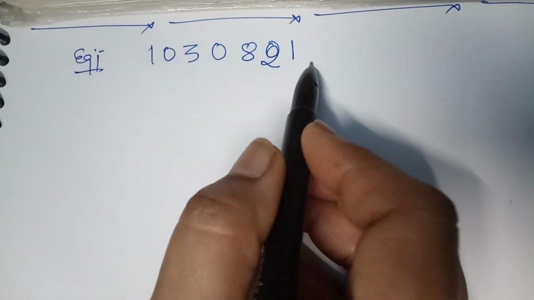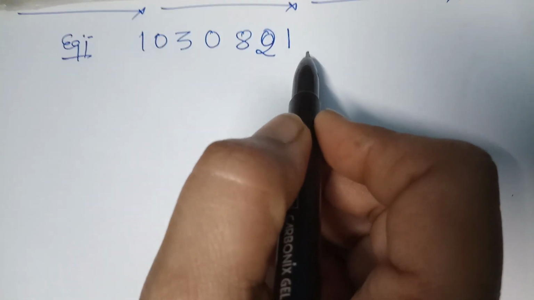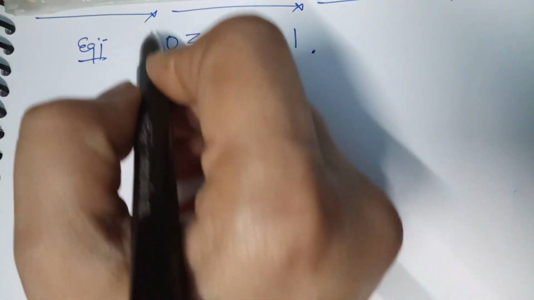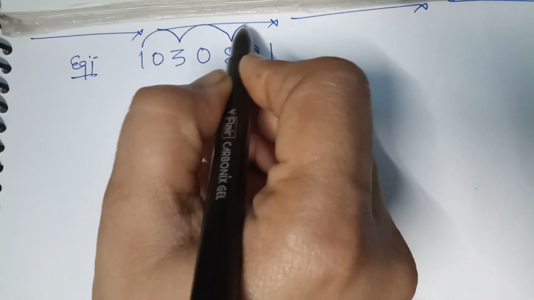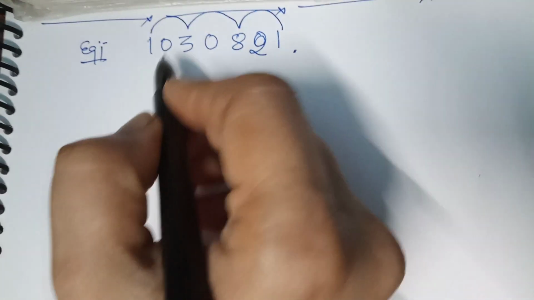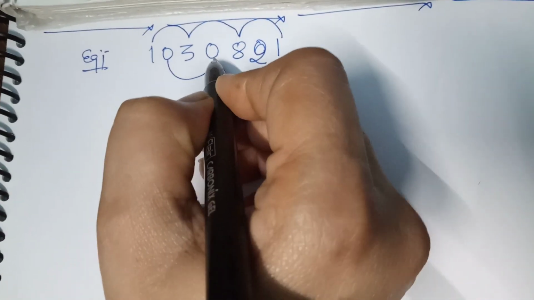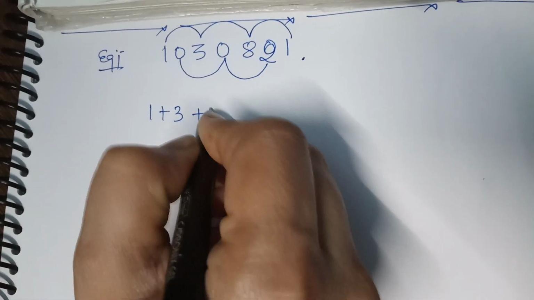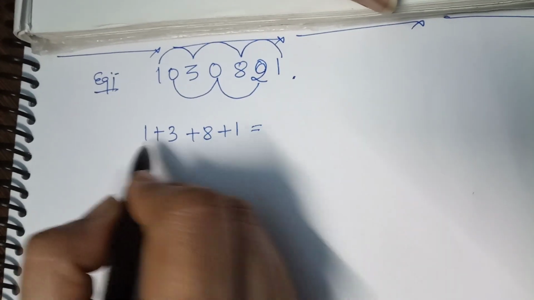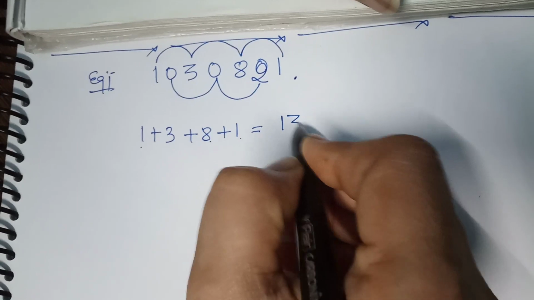I am taking one more example. We have to check whether this number is divisible by 11 or not. So the digits at odd places are 1, 3, 8 and this one, and the digits at even places are 0, 0 and 2. So 1 plus 3 plus 8 plus 1, how much is that, 4 plus 8 is 12, plus 1 is 13.